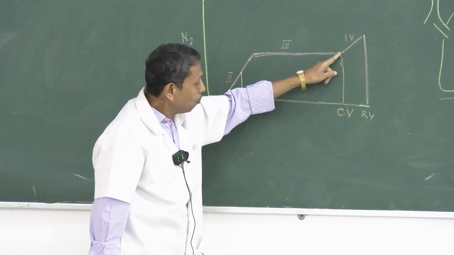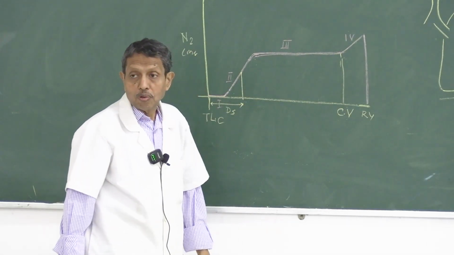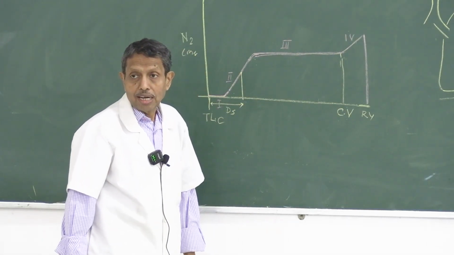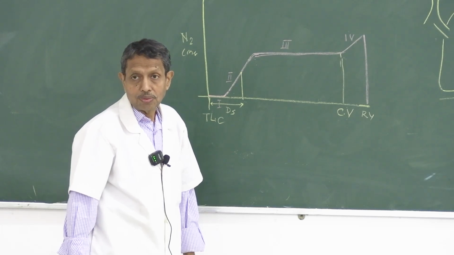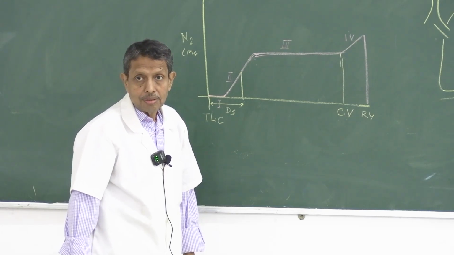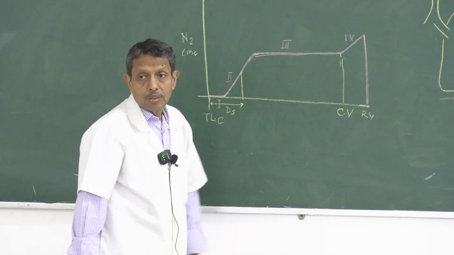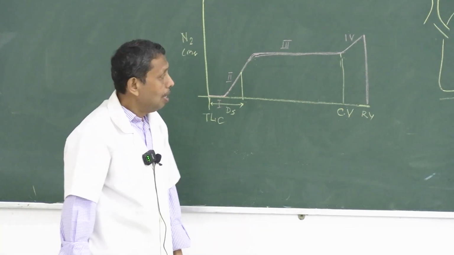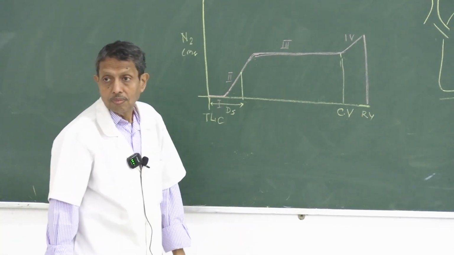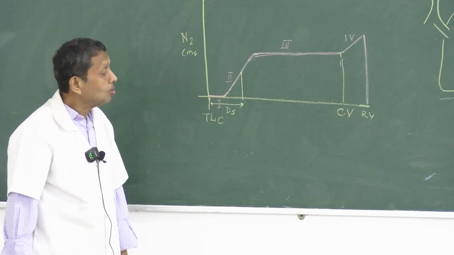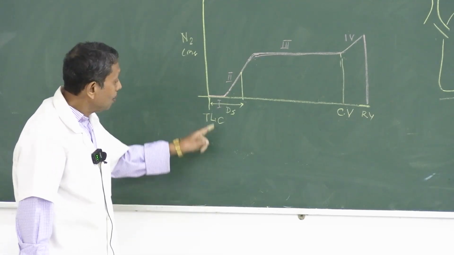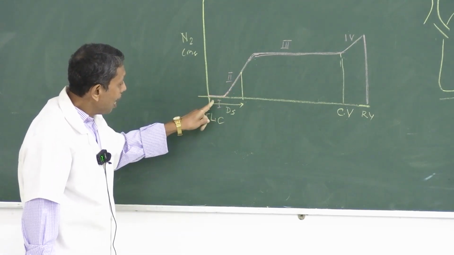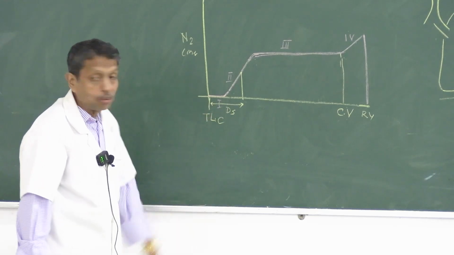That point indicates the closing volume, where the dependent airways become closed. Closing volume is above the residual volume. And half of this part plus this part in total is the anatomical dead space.